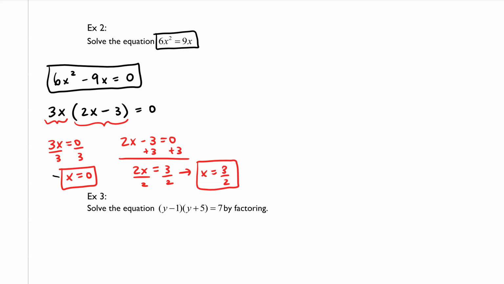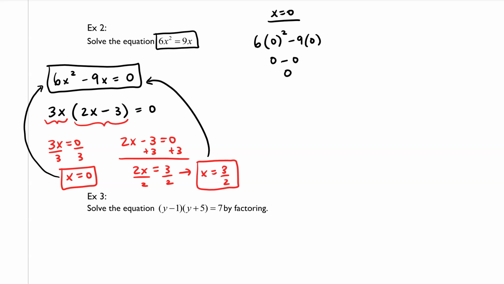I'm going to plug these both into this equation here to verify that that's correct. So let me plug in x equals 0 first. So I get 6 times 0 squared minus 9 times 0. And then that's just going to end up being 0. So 0 is in fact a root of the equation. So that checks off.